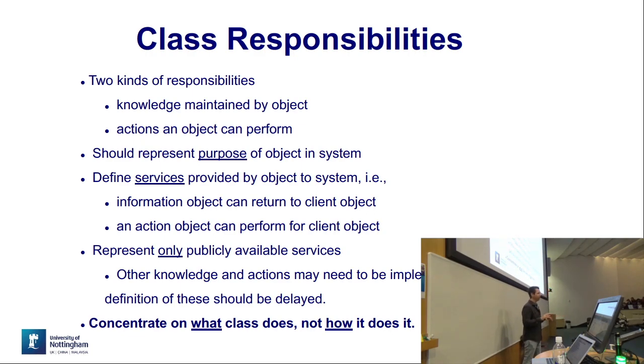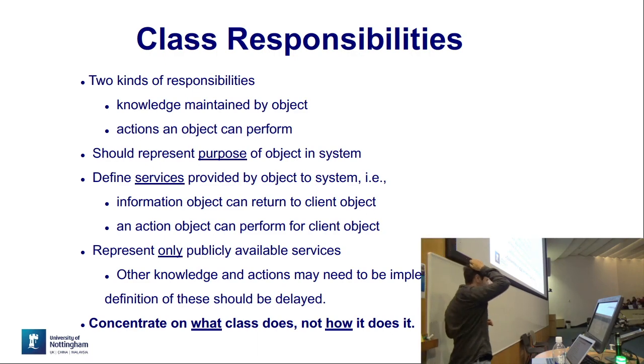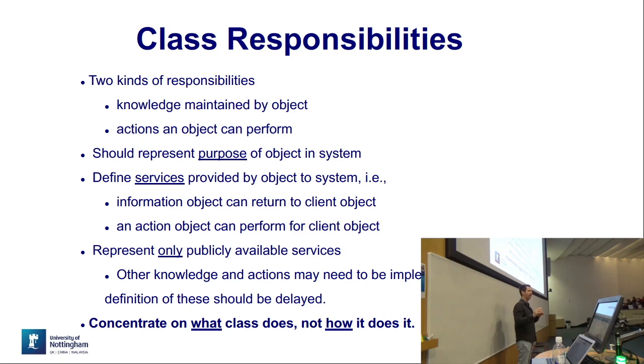In fact, another way of saying it is there are an infinite number of ways how something can be implemented. There's no limit to the number of ways something can be implemented. So if you get into a discussion with somebody about how something should be done, that discussion will never end. It may never end, so it's not useful. You don't really want a discussion that never ends, right?